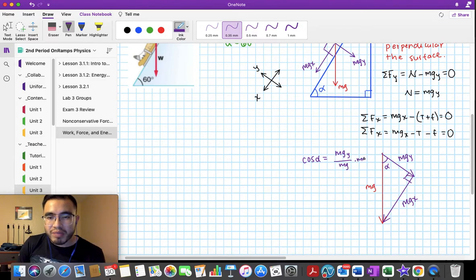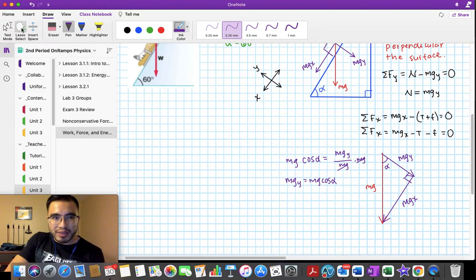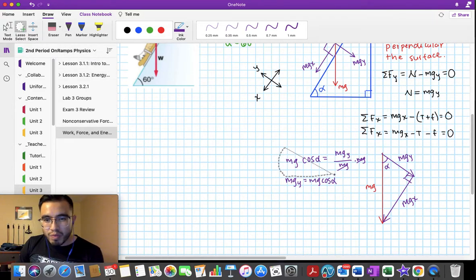We're trying to solve for mgy. I multiply mg to both sides, and now I have that mgy equals mg cosine alpha.